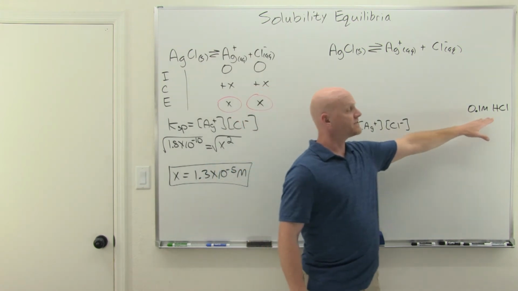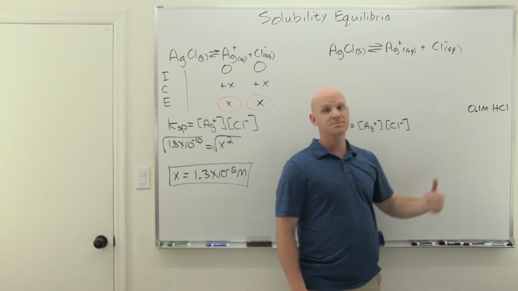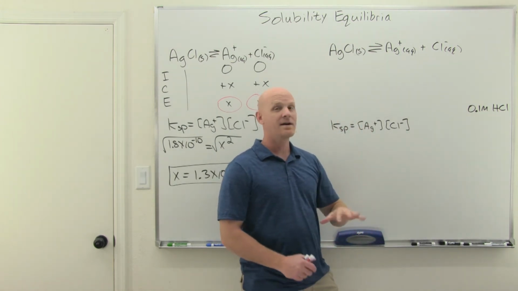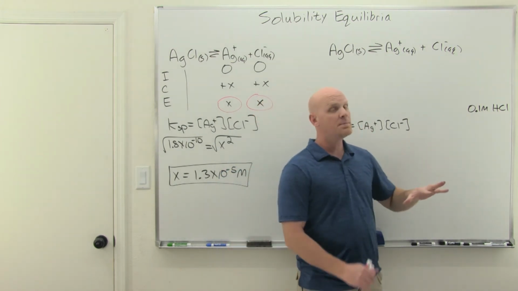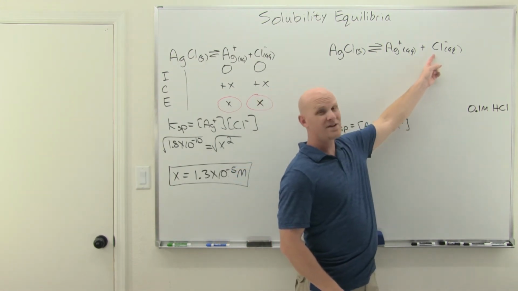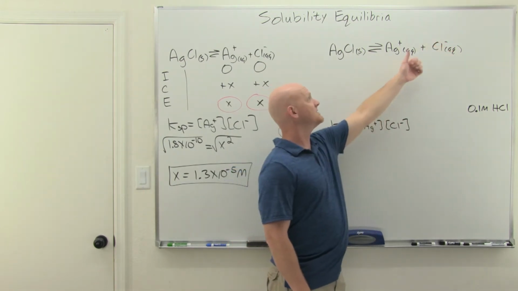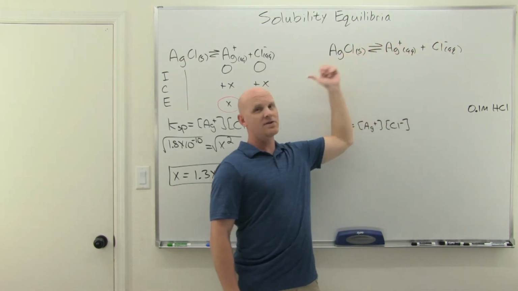Because HCl dissociates completely to produce a bunch of chloride, I mean, it also produces a bunch of H+, but I don't really care about that. I care about what's in common here, but it's going to put a bunch of chloride in the solution. And if we put a bunch of chloride in the solution, that's adding a product here. And according to Le Chatelier, that's going to shift this equilibrium back to the left.